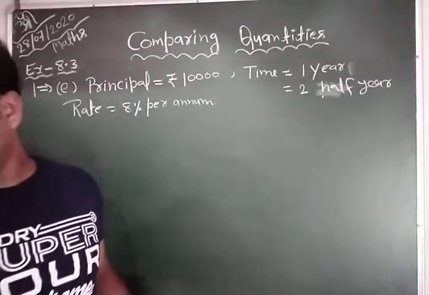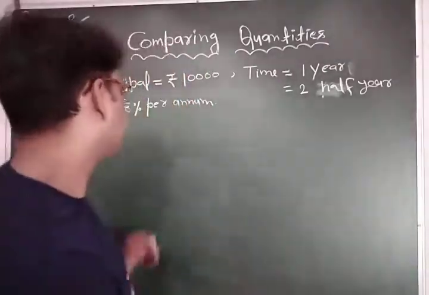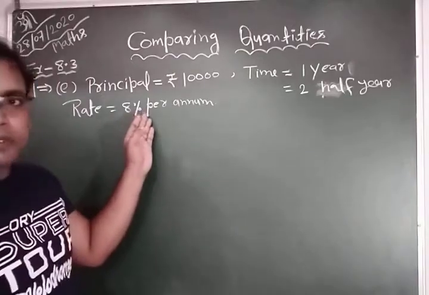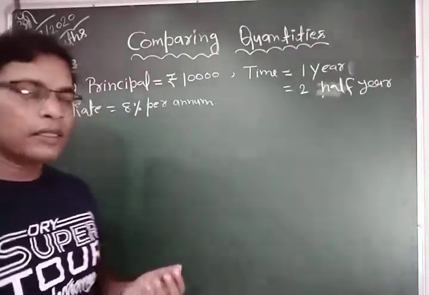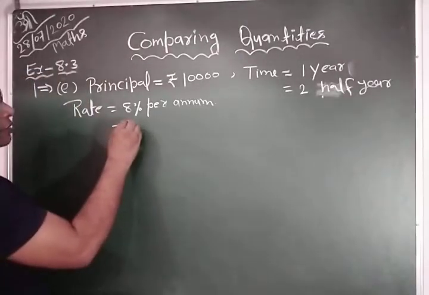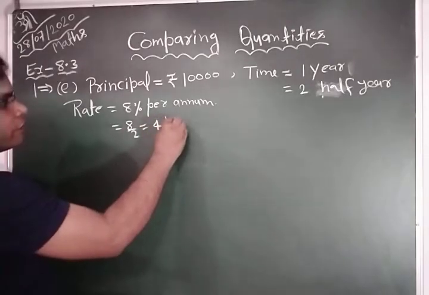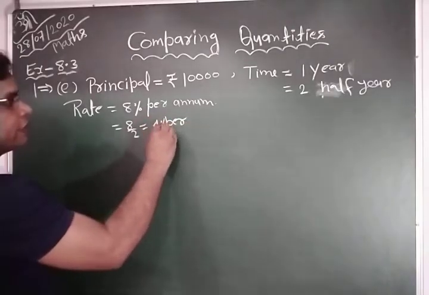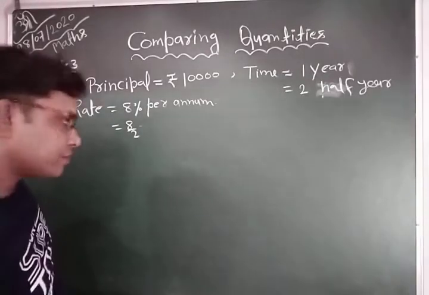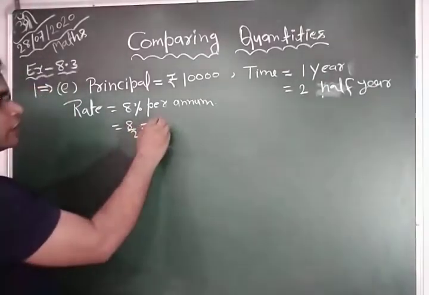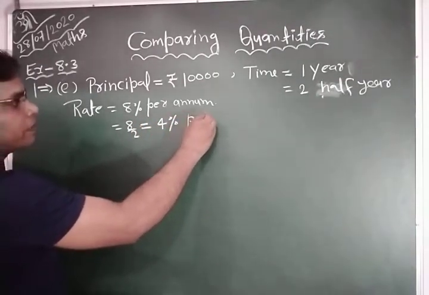This is clear. 1 year is equal to 2 half years, and this is 8% per annum. This is the rate given, so we change it to a half year. So it becomes 8 by 2 is equal to 4 percent per half yearly.